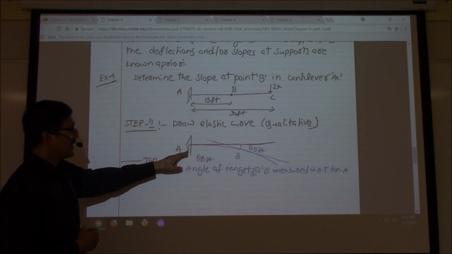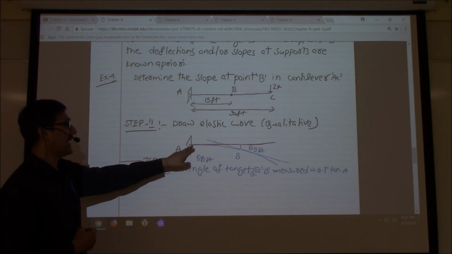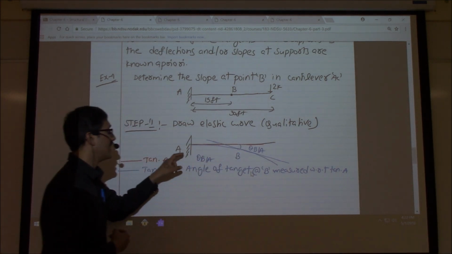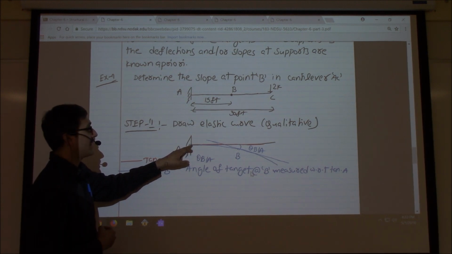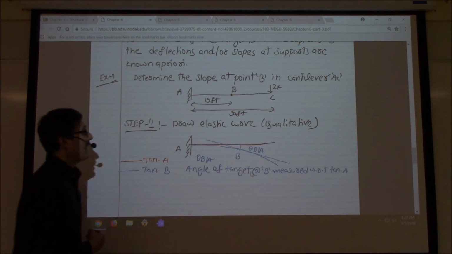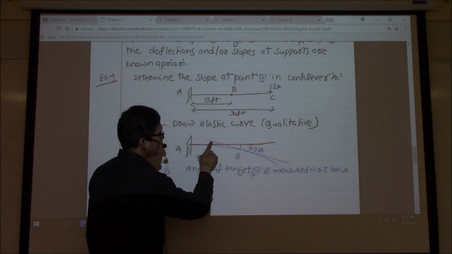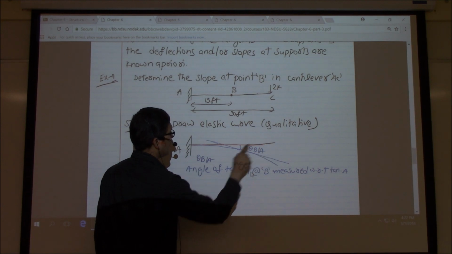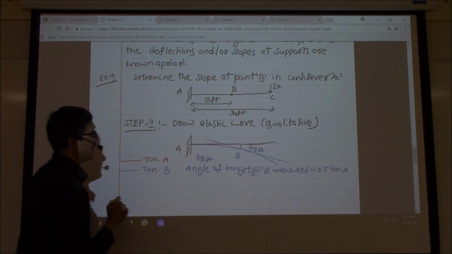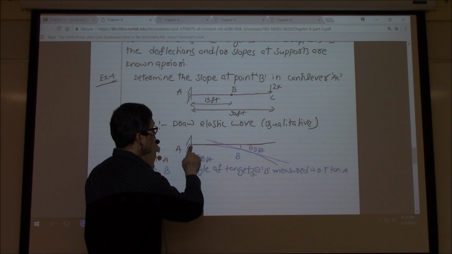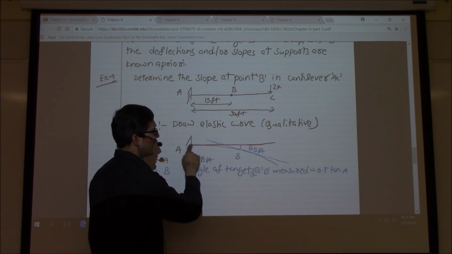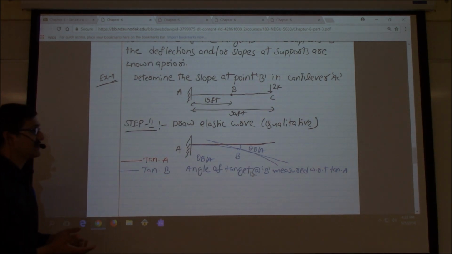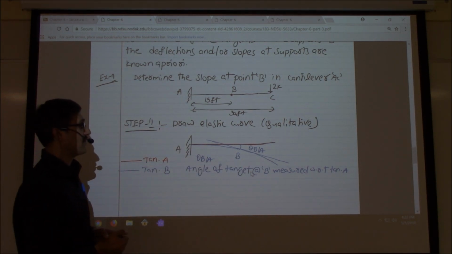As this is the fixed end, I pretty much know that if I draw a tangent at the point A, it will coincide with the x-axis, or the undeflected beam AC. And the good thing is, the angle made by the tangent through point B with this undeflected beam AC, which is nothing but the tangent drawn through the point A, is theta B by A, but theta B by A is also our theta B, which is our slope.